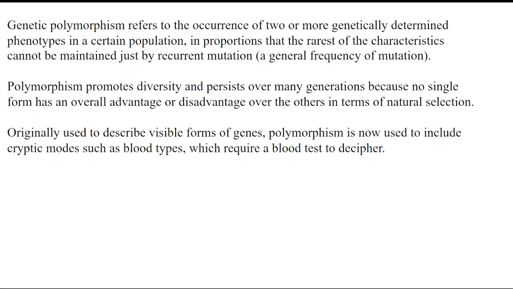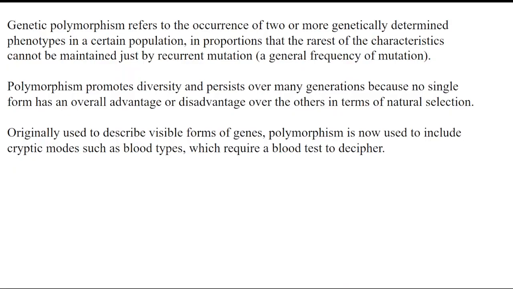Genetic polymorphism refers to the occurrence of two or more genetically determined genotypes in a certain population in proportion where the rarest of the characteristics cannot be maintained just by recurrent mutation, the general frequency of mutation.